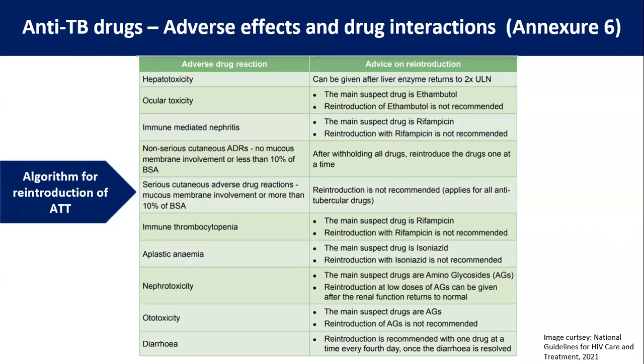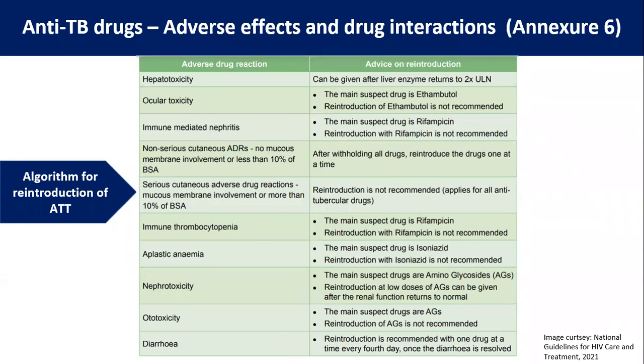And non-serious cutaneous adverse reactions, like no involvement of mucous membrane or involvement of less than 10% body surface area, we can go for reintroduction of those drugs after a withdrawal of around 2 weeks when the rash resolves. But in case of severe reactions involving mucous membrane or more than 10% of body surface area, we should not go for reintroduction of the offending ATT.